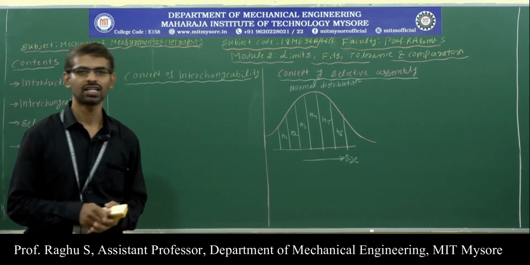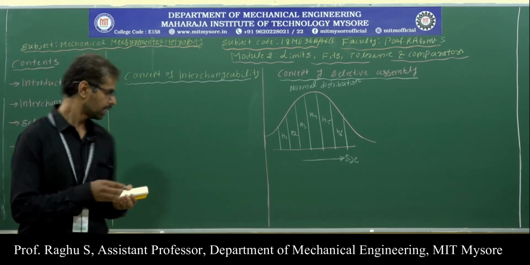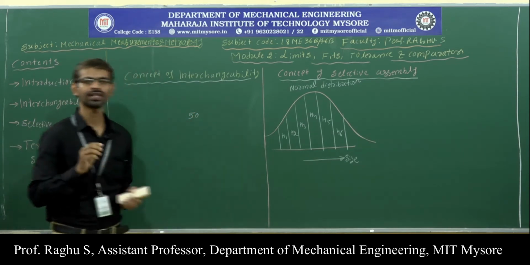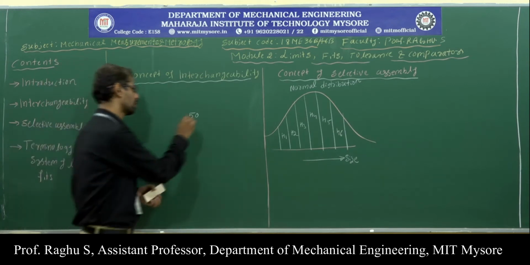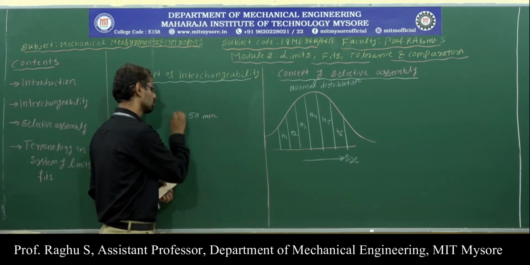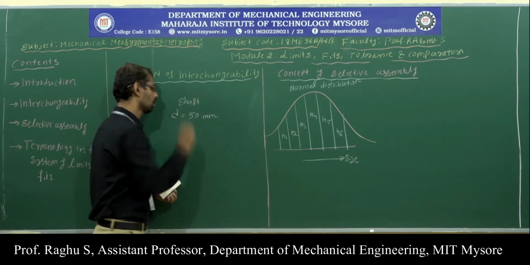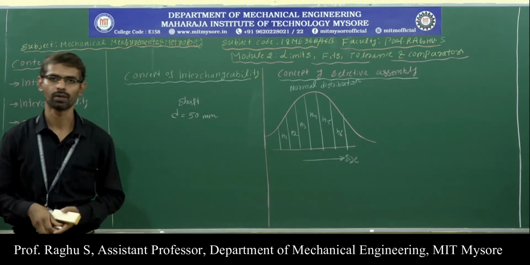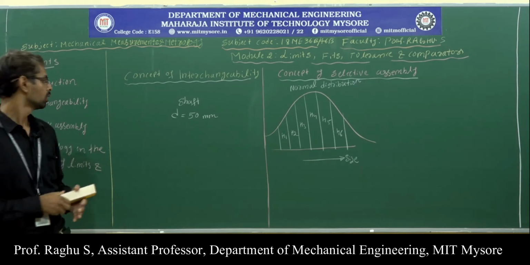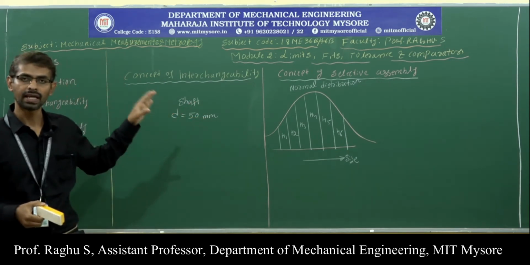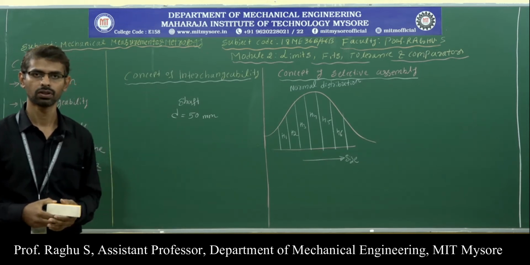First, let us consider a shaft of diameter 50 mm. Now, machines are unable to produce the exact dimension.